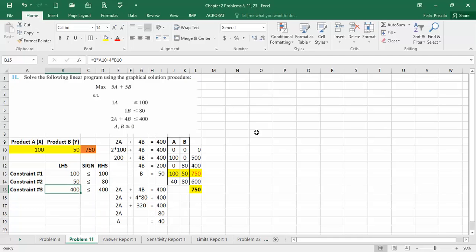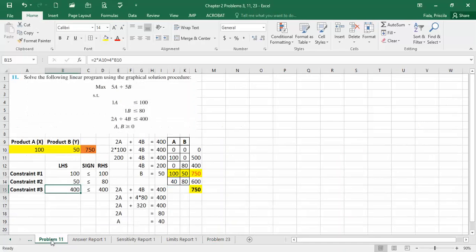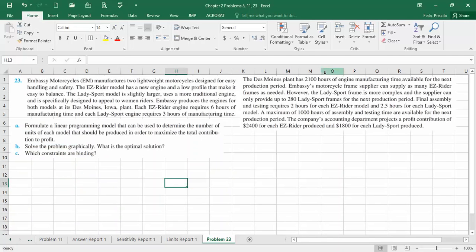I'm going to delete the other video that I had previously recorded, and I'm going to be recording a video for problem 23 later on tonight. Here, pretty much the difference is that over here, you're given the objective function and you're given your constraints. Over here on this problem, you have to read the information to understand first what is your objective function, then what are your constraints, and we're going to solve everything.